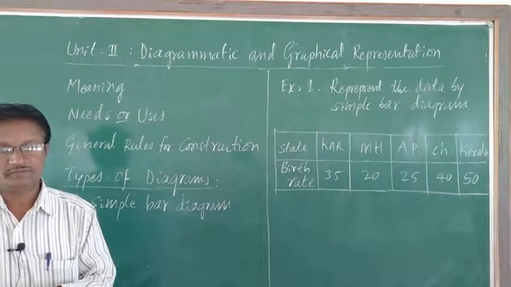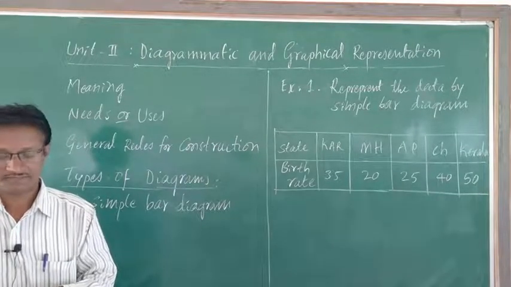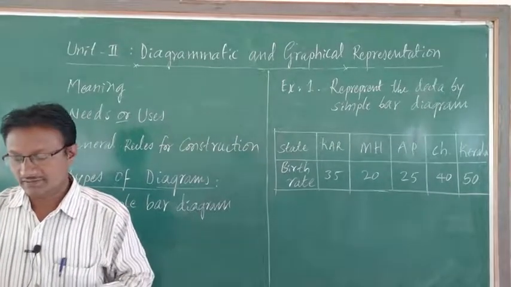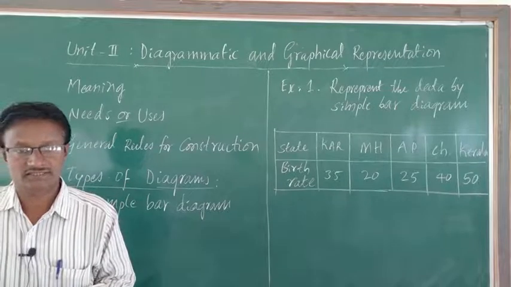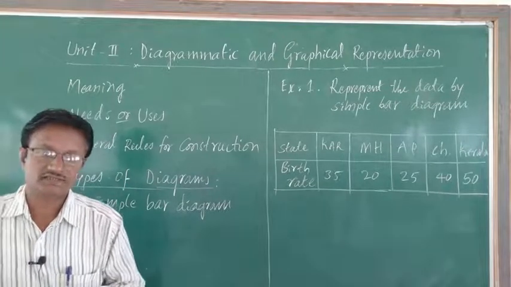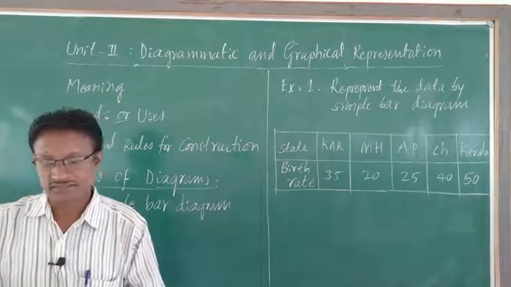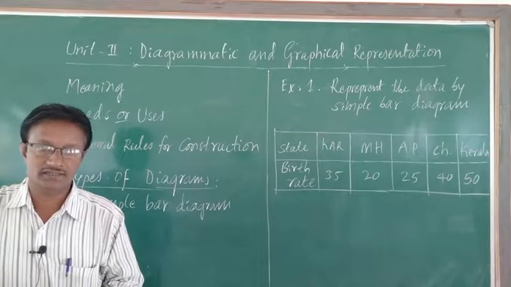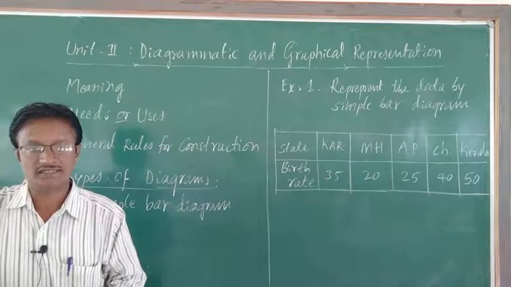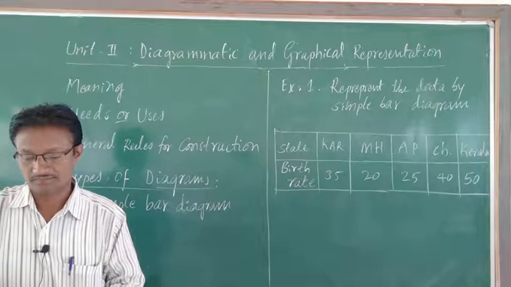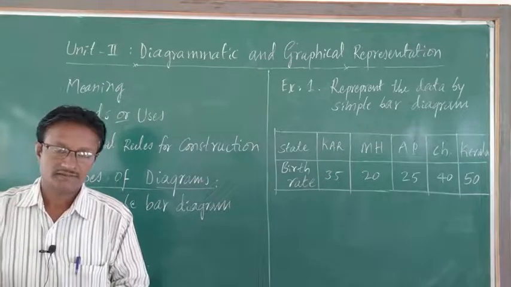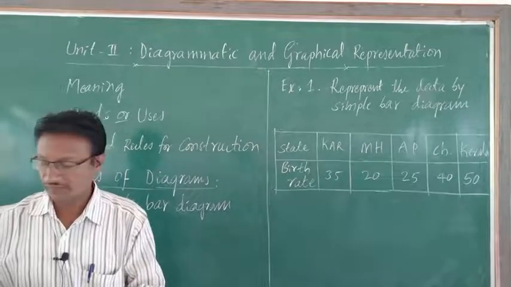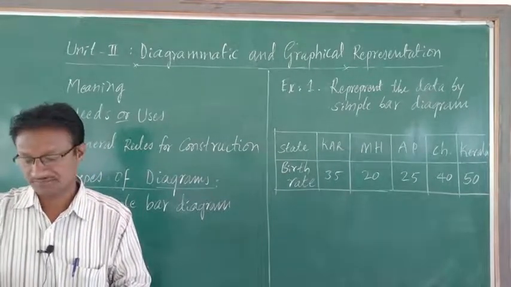Let us know the meaning of diagrams. Diagrammatic and graphic representation is a method of presentation of statistical data which is more convincing, appealing and easily understandable by all, because majority of the people have a natural love for beautiful pictures.